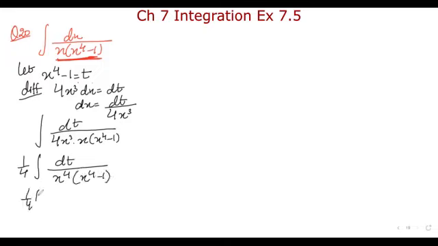Now x power 4 minus 1 we assumed as t. This is t. x power 4 will be t plus 1.